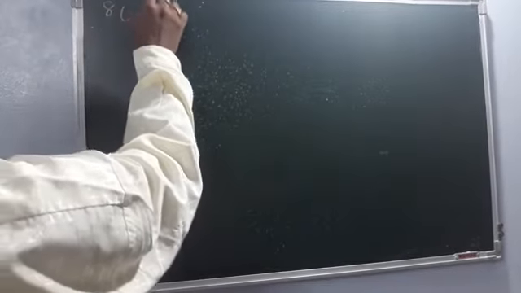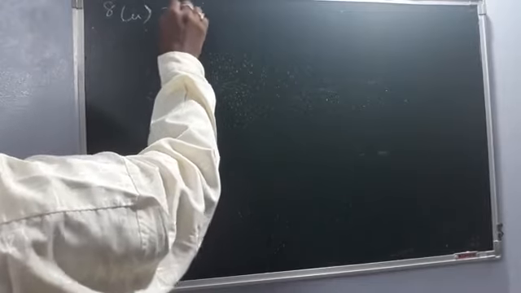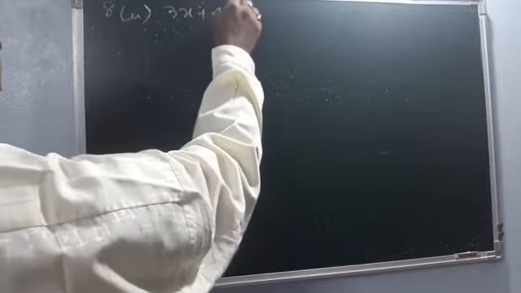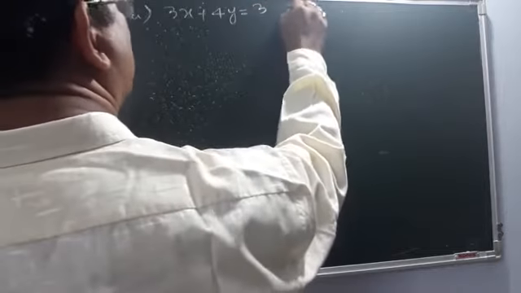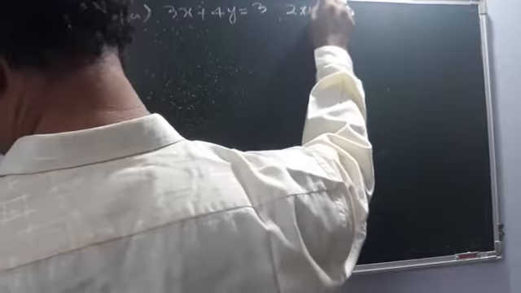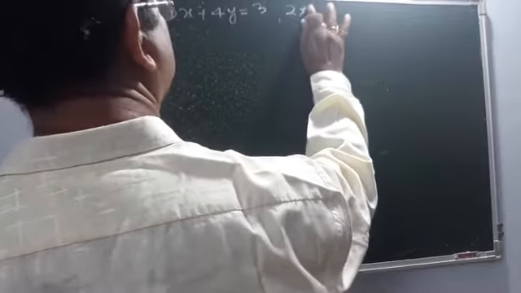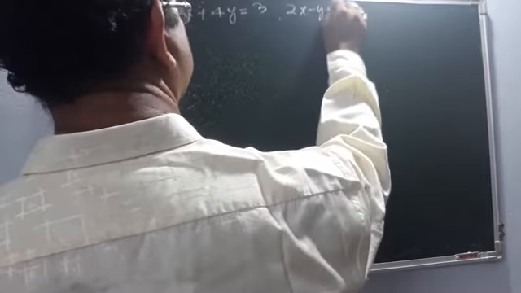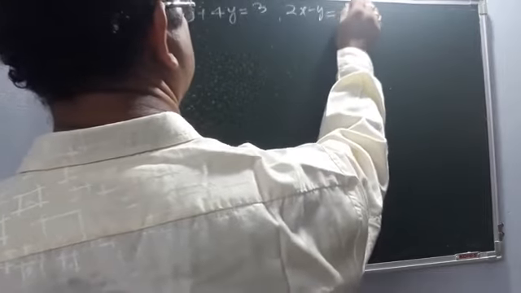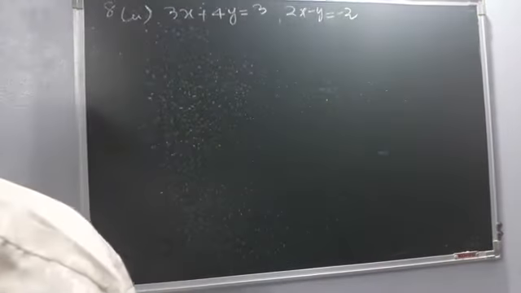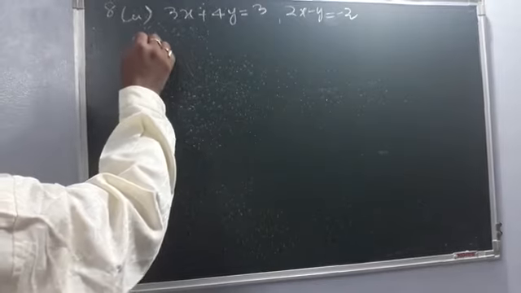8.2. They have said 3x plus 4y is equal to 3, 2x minus y plus 2 is equal to 0. So I can write this one as minus 2. Then Cramer's rule said what?